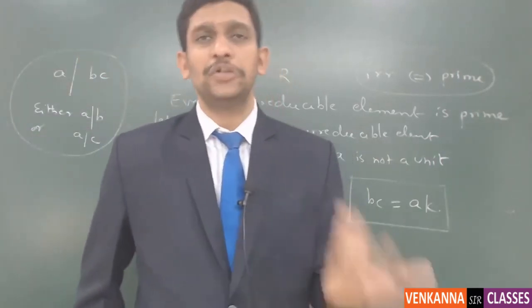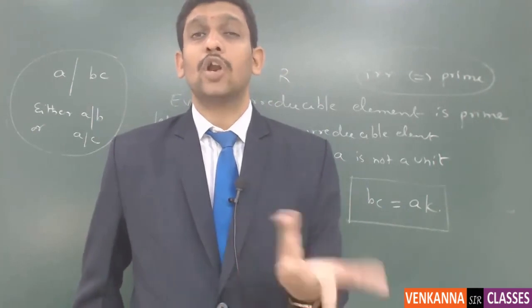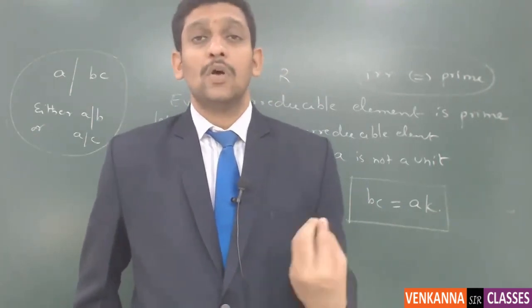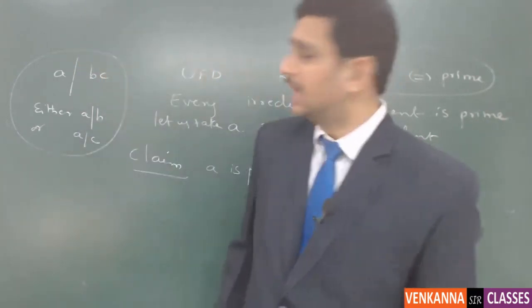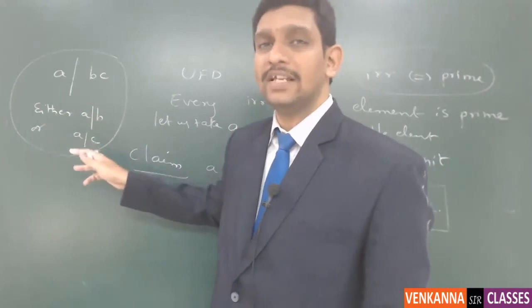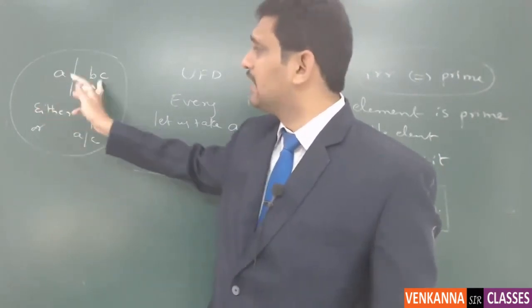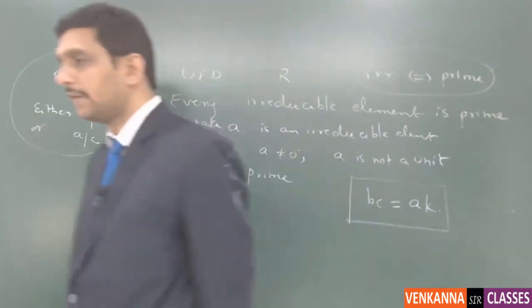B may be a unit, C may be a unit, or both are not units. Whatever the case you consider, we should always be able to prove that either A divides B or A divides C, because A is dividing the product. Then A becomes the prime element. Okay?